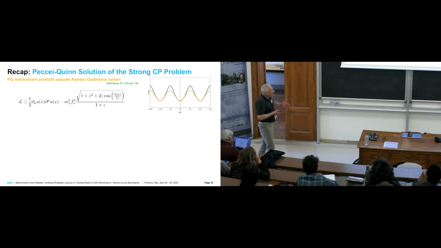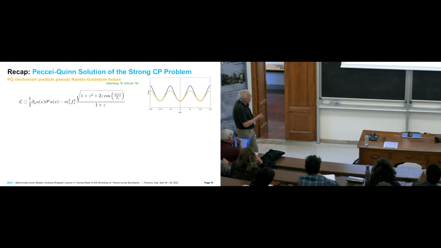But Weinberg and Wilczek, immediately after Peccei-Quinn, pointed out that their solution of the strong CP problem requires a particle associated with this mechanism, a particle excitation.